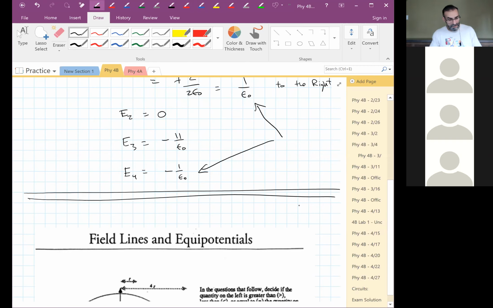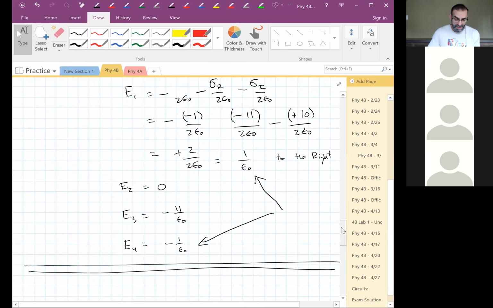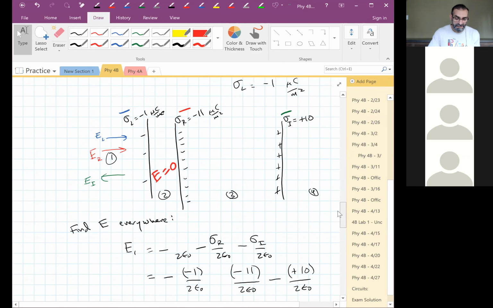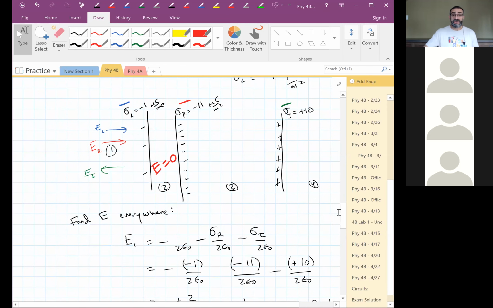Okay, so that was a little more Gauss's law, and infinite sheets, conductors, insulators. Try that. Then after you've done that one, you can do two conductive sheets. Instead of a conductor and an insulator, do two conductors.